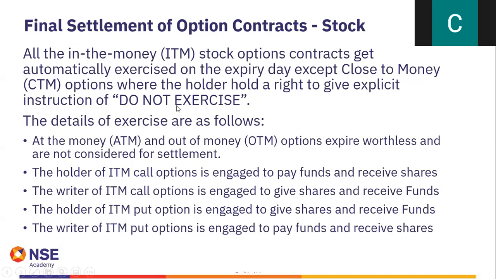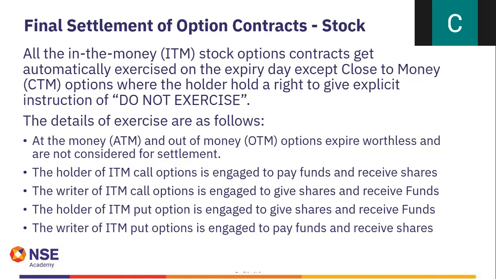I can give an instruction to the stockbroker, to the exchange, stating that do not exercise my contract. Because technically, even though the option is in the money, but on exercising, some statutory levies, brokerage, taxes, charges, transaction charges, everything will be levied, will be added to it, and overall it can lead to negative cash flow from you.